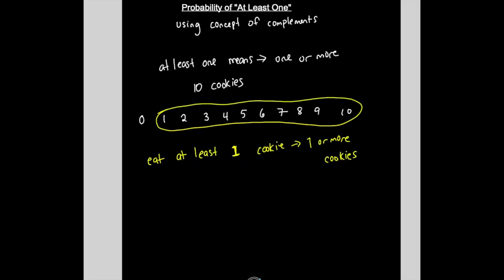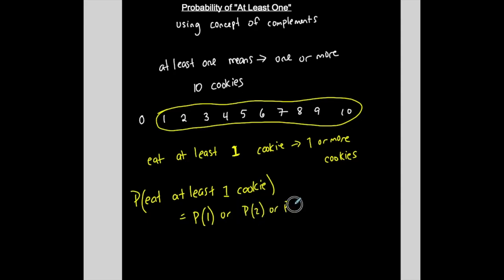What if I want the probability that I eat at least 1 cookie? That means I want the probability of 1 cookie, or the probability of 2 cookies, or the probability of 3 cookies, or all the way to 10, right? When I do ORs, the OR case implies addition.